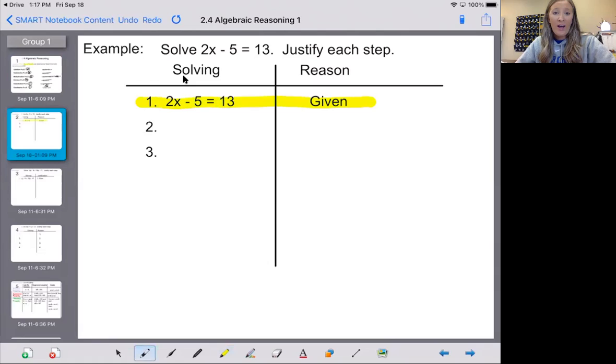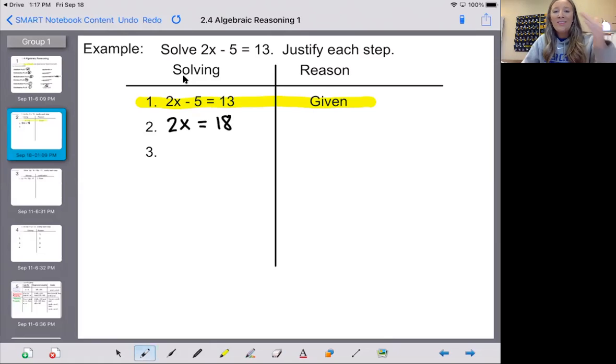And of course, you would add 5 to both sides. So the adding 5 part would give us 2x equals 18. Now notice I didn't show plus 5 plus 5. So that's not part of this proof.